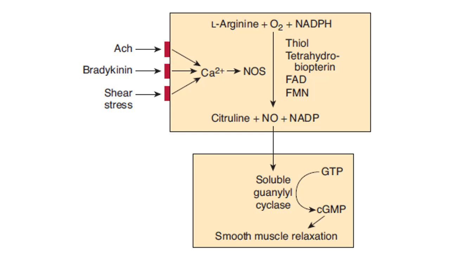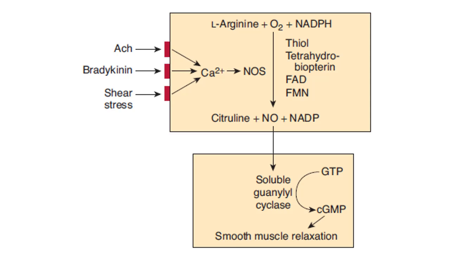Nitric oxide can activate soluble guanylyl cyclase, and this soluble guanylyl cyclase transfers guanosine triphosphate to cyclic guanosine monophosphate. Cyclic GMP has some different actions.